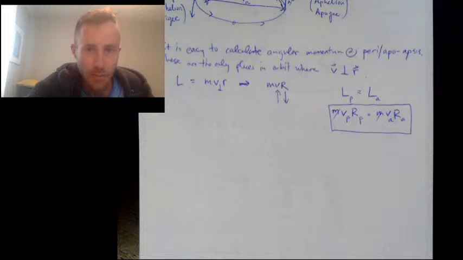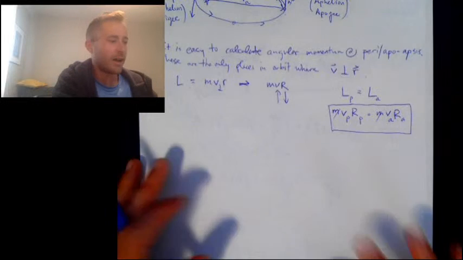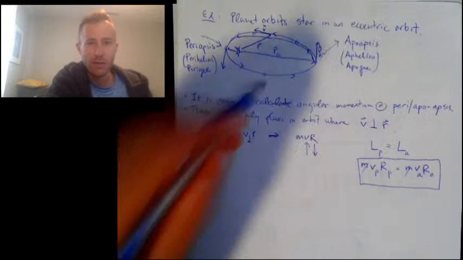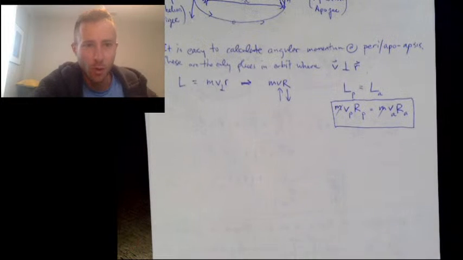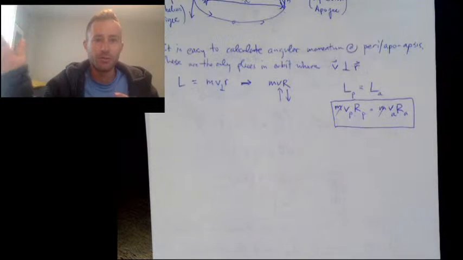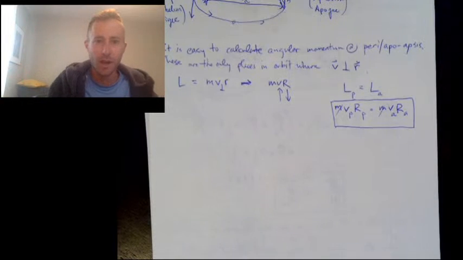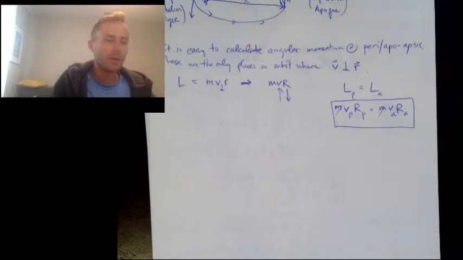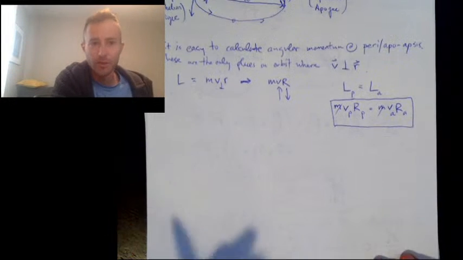The more eccentric the orbit is, I believe I talked about eccentricity, which is how oval-like your orbit is, the greater the difference between your periapsis speed and your apoapsis speed. So that's a nice, useful equation.